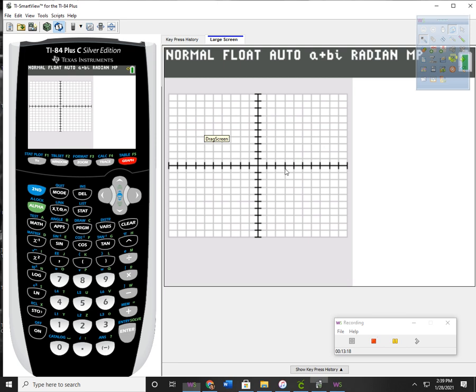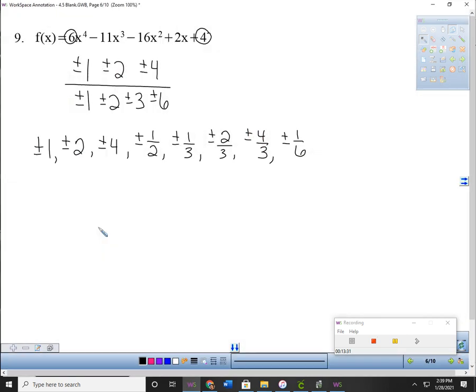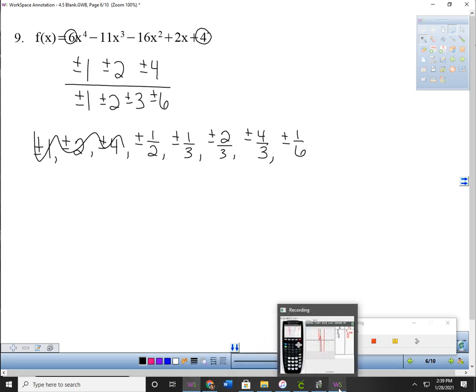All right, so again, none of the numbers that are integers are going to work, right? So none of these are going to work. It's going to have to be one of your fractions, right? So let's go ahead and look.